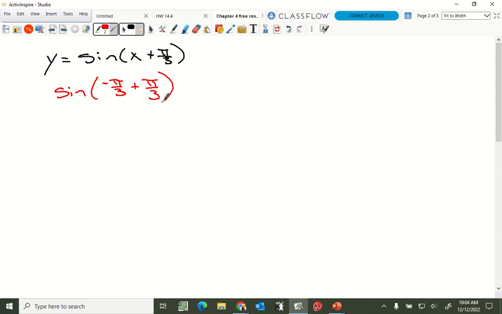Or if you are trying to do the mental math, negative pi over 3, positive pi over 3 should give me 0. Unit circle, 0 is all the way to the right. And sine is asking for the y value if it's all the way to the right, and that's going to be 0. And if you plugged it into the calculator, you got 0, right? Hopefully? Good.